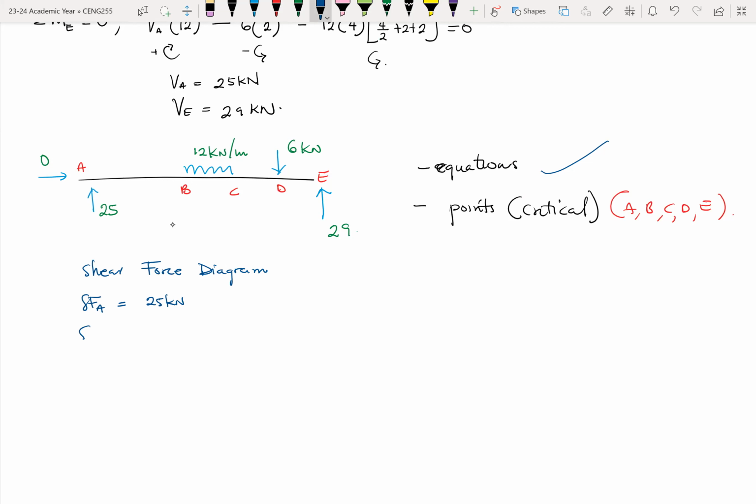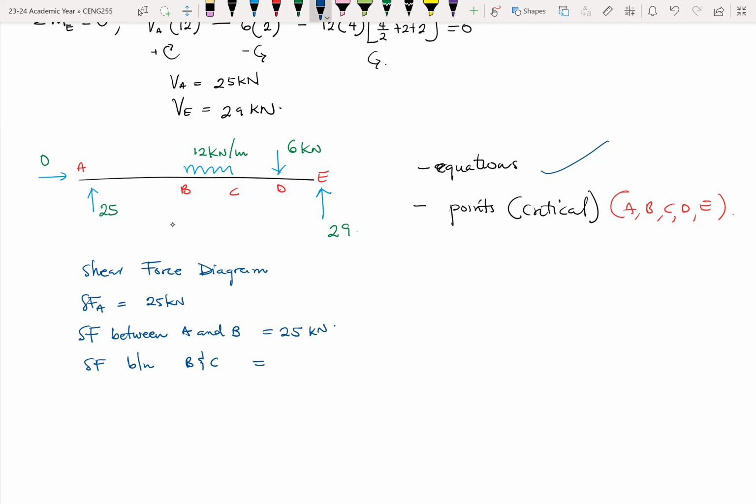Then the shear force between A and B will still be 25 kilonewtons, because there's not really been any change in the shear. Then the shear force between B and C, because there's a UDL over there, I can formulate an equation for it.